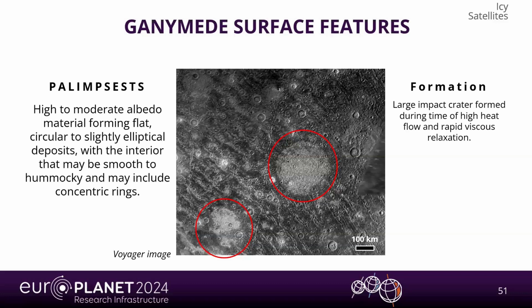Palimpsests are interpreted to be the result of impacts in the crust of Ganymede in the past, during a time where there was a higher thermal gradient or a thinner brittle crust, brittle lithosphere. And unlike craters, palimpsests lack rims, but often they can show internal rim structure.